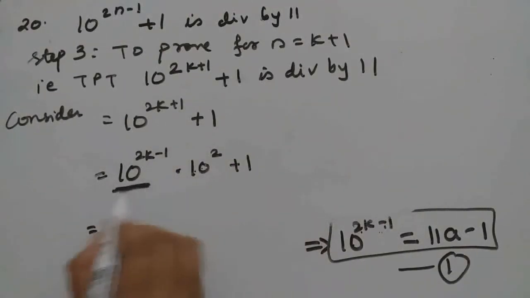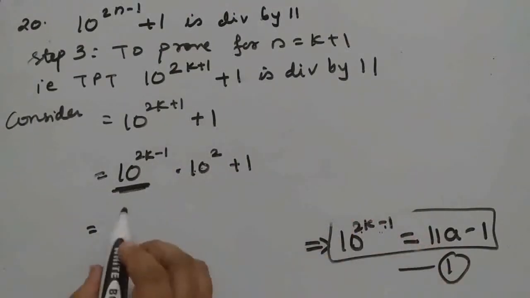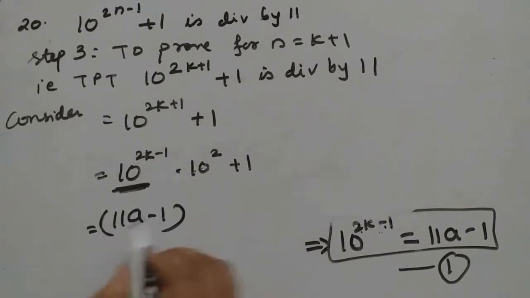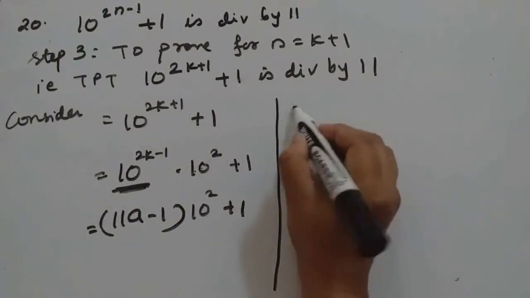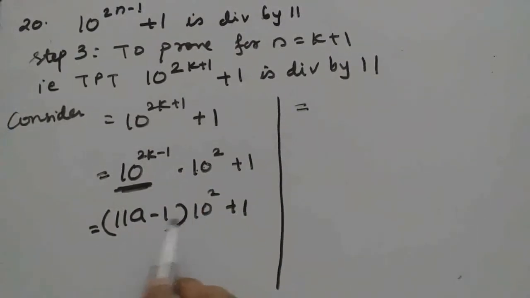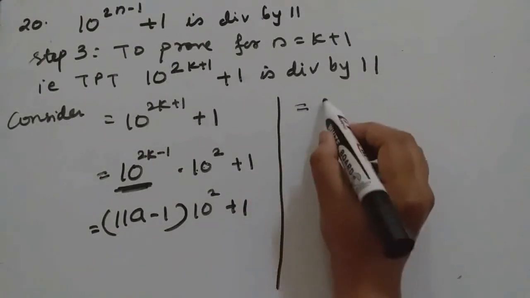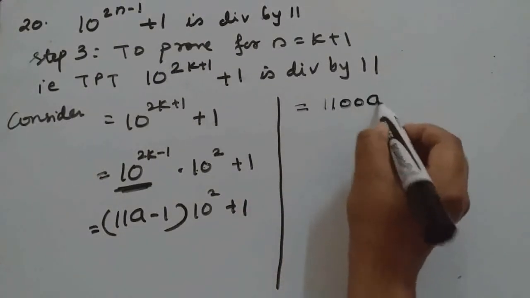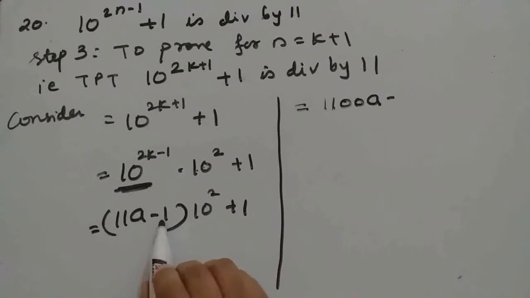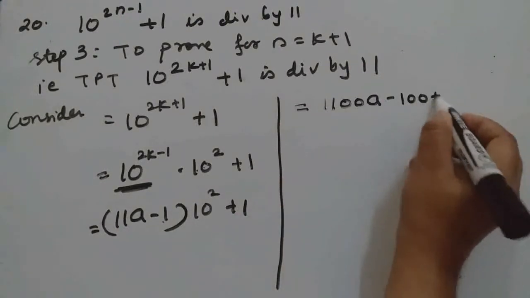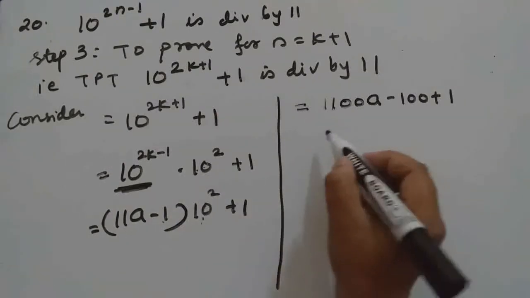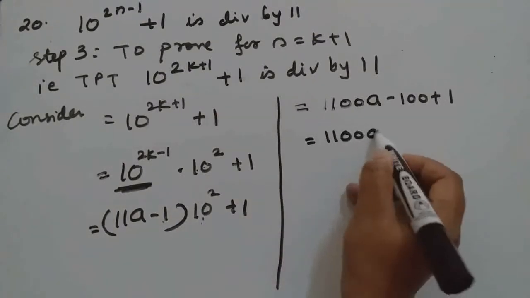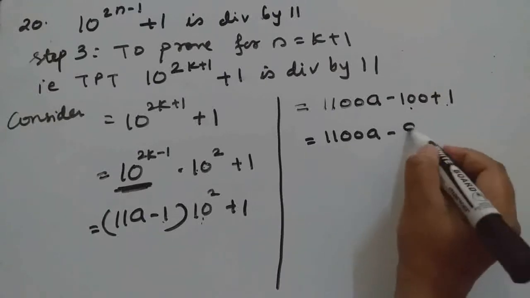Now we substitute the value 11a minus 1. So this is 1100a minus 100 plus 1. Open the bracket with 10 square means 100. So minus 100 plus 1 means 99.